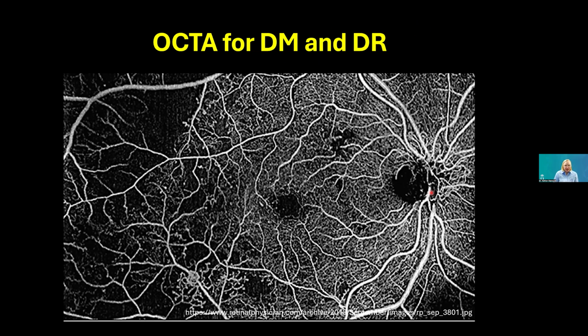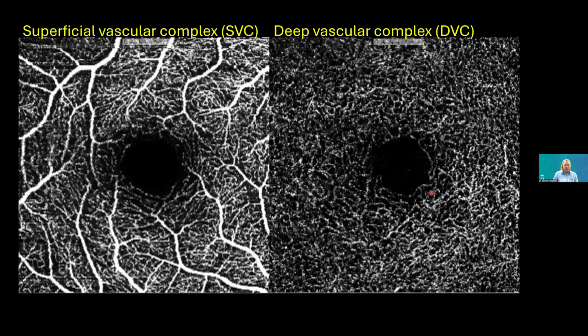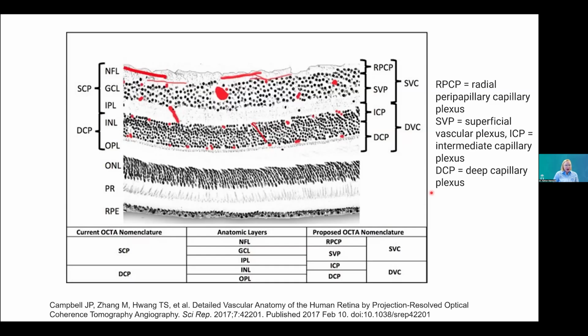Now, usually when we're looking at an OCTA slab, we're looking at the superficial vascular complex and deep vascular complex. Depending on what machine you have, these might be labeled a little bit different, and they actually might be segmented a little bit different. So there's been some proposed nomenclature for OCTA capillary plexuses and complexes, but there's no really agreed upon nomenclature, no agreed upon way to segment these different slabs.